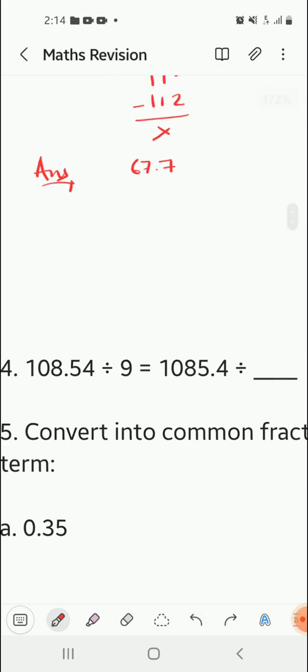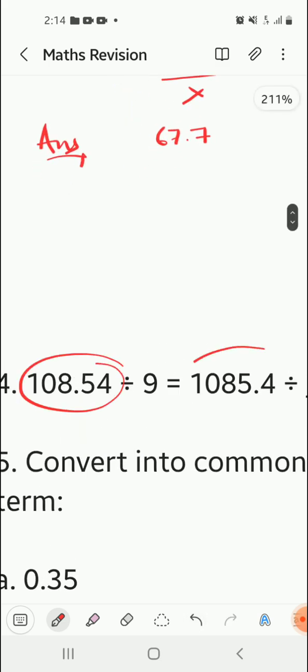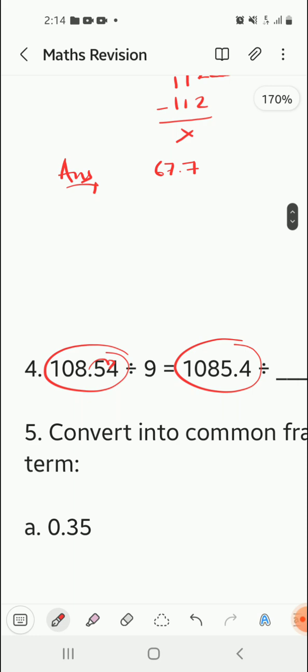Now, you can see here and here there is only one difference: the decimal point has shifted once to the right. We know that for shifting the decimal point to the right, we need to multiply, that is, insert one more 0.